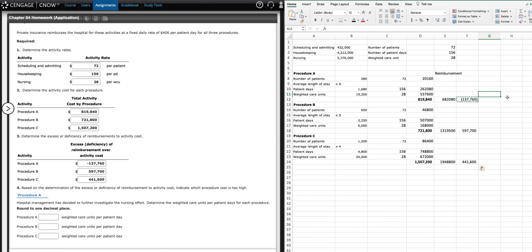So here in Excel, I'm going to say equals weighted care units divided by patient days. I'm just going to double check my formula. Care units by days, so that one's correct. And care units divided by days, so that's correct as well. And round to one decimal place.